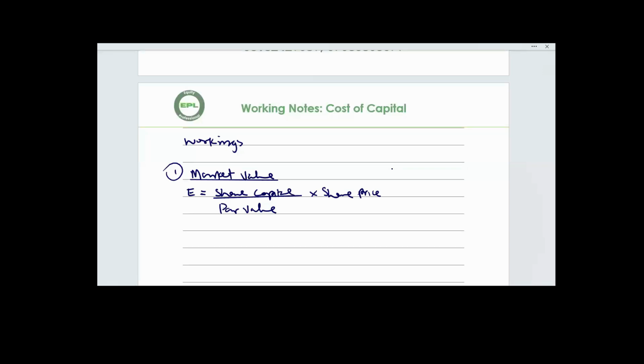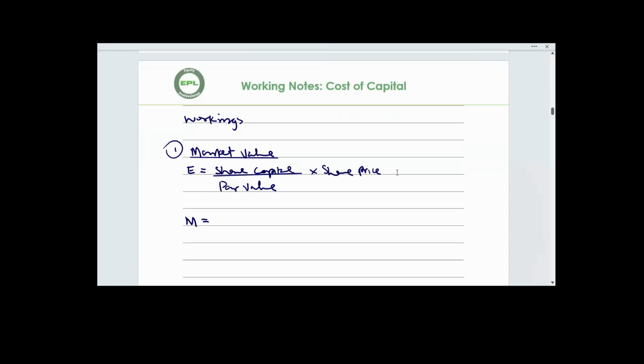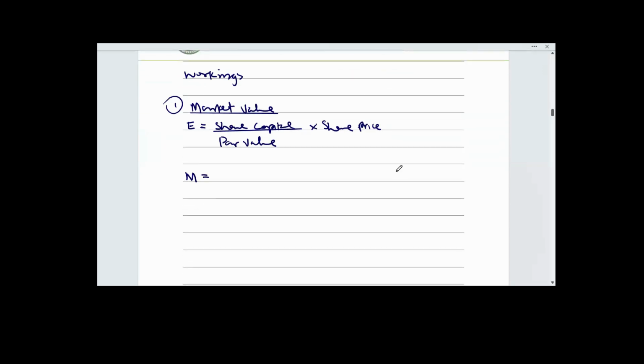Now, for Mississippi, the share capital, according to the question, is 4,000 naira. So I will say 4,000 divided by par value. When you divide share capital by the par value, you are trying to determine the number of shares.